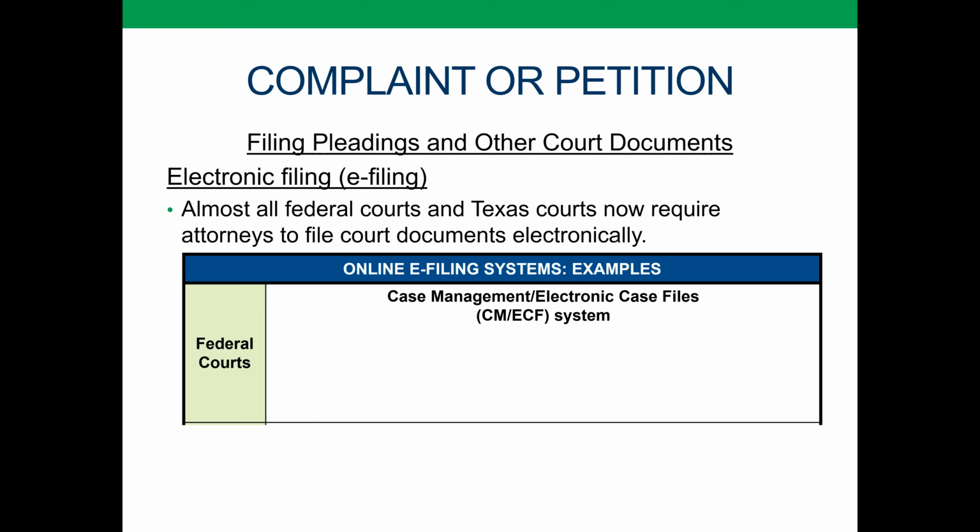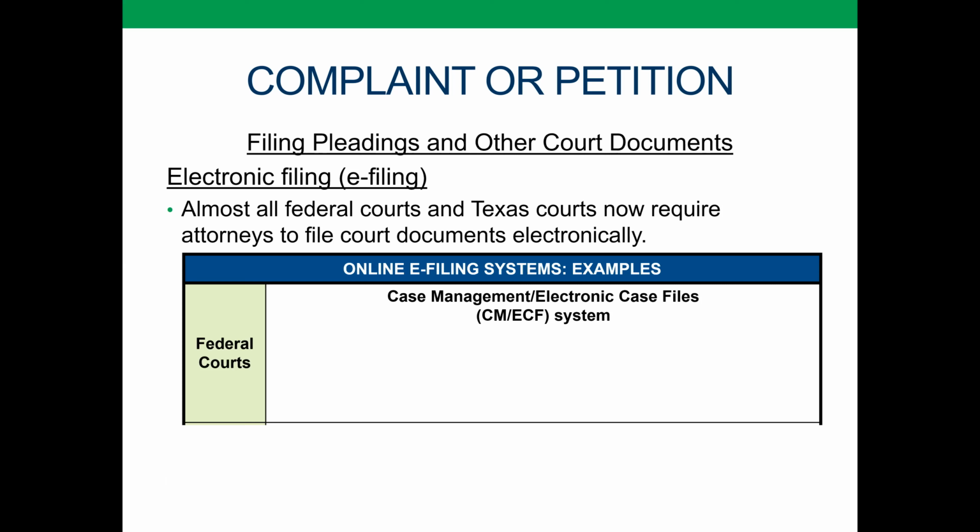But in any event, the e-filing or electronic filing process involves uploading the petition in searchable PDF using the appropriate online filing system for the court. Now, here are the online filing systems for the federal courts and for Texas.